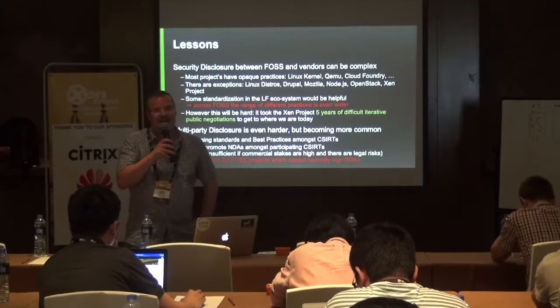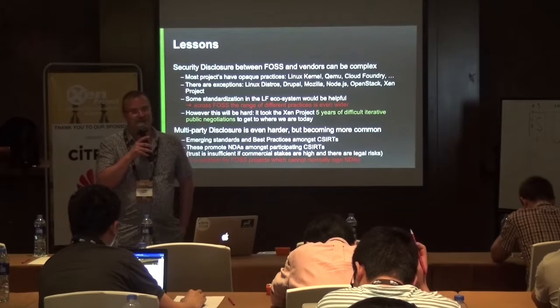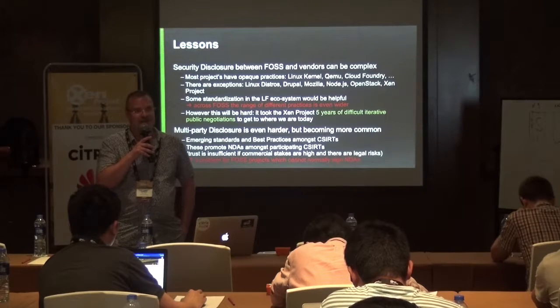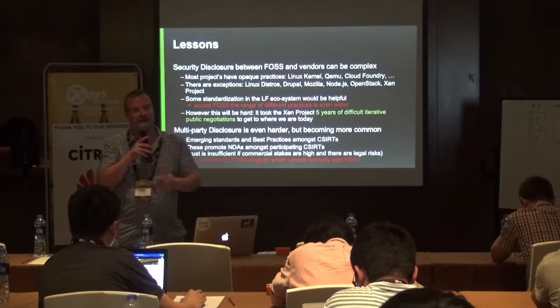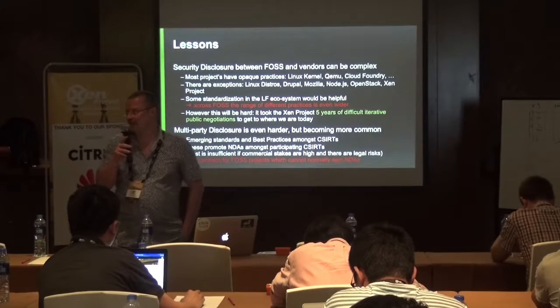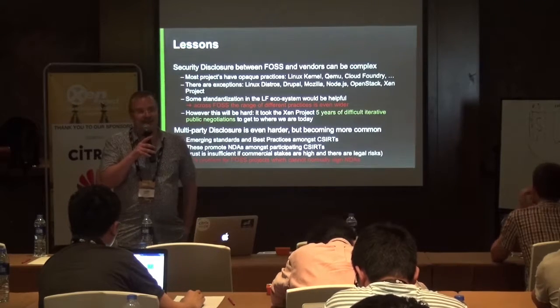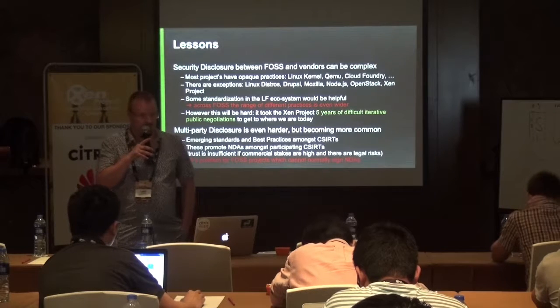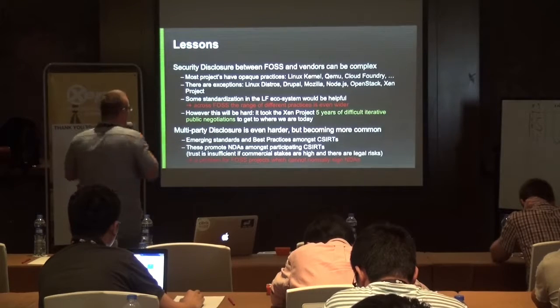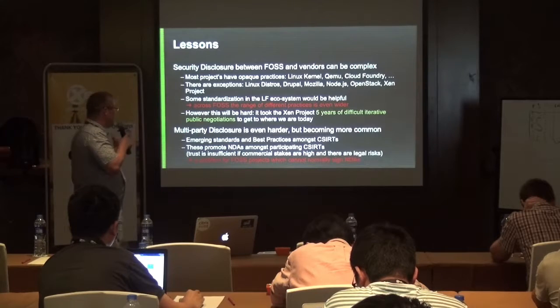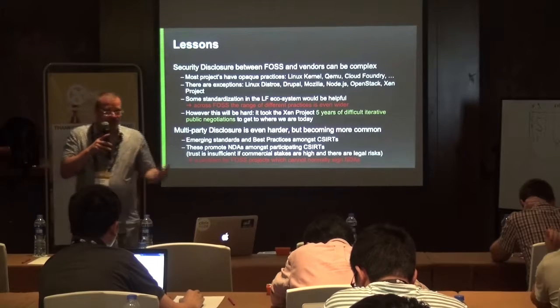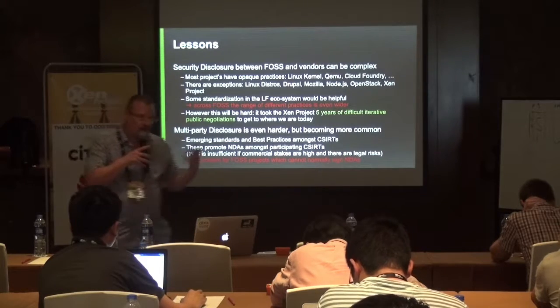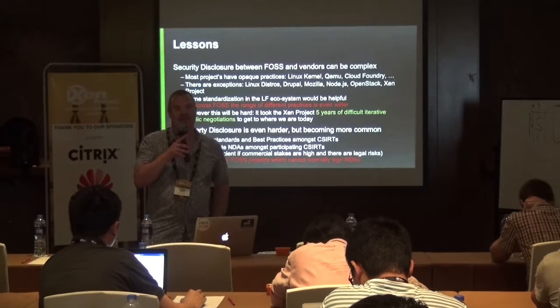But given our experience, it took us 5 years of iterative changes to get to where we are now, so that would actually be quite a hard problem to solve. And if you have multi-party disclosure, this is even harder. Because more parties are involved, there's even less standardization.